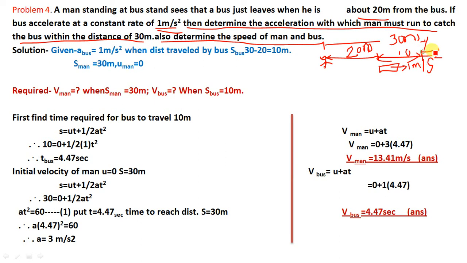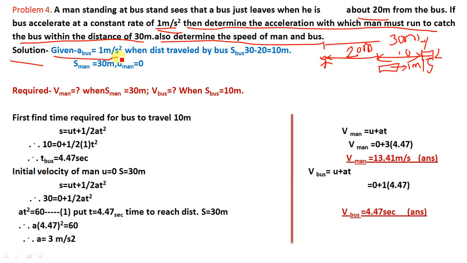Now the bus will be here within 10 meter. So he has to run in such a way that when he runs 30 meter, the bus will have moved 10 meter. Got it? We have to find out the speed of the man and the bus. Now comes the solution.